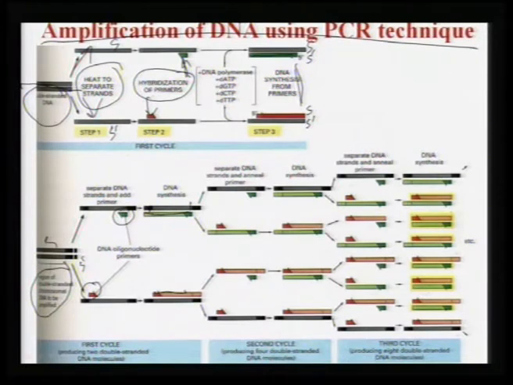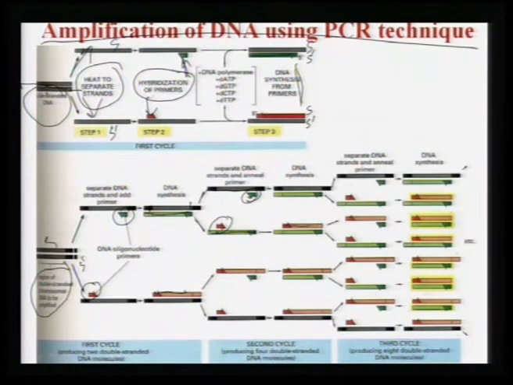Now, this process from here, if you heat it to a little bit higher temperature, as I have said here. So, again these DNA strands will be separated. So, the black one will be separated from the green one. Again you can anneal the primer and then you can add the green and the red one.